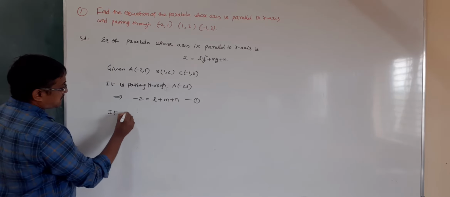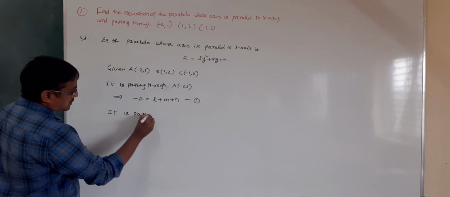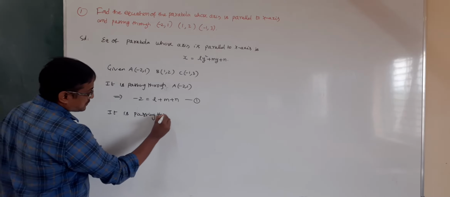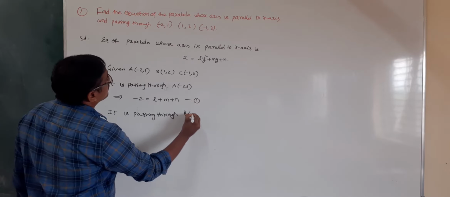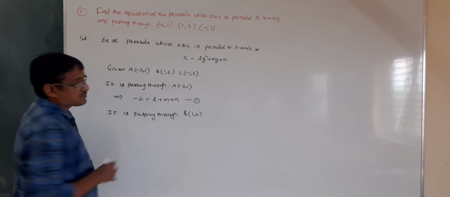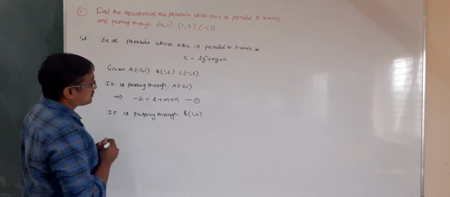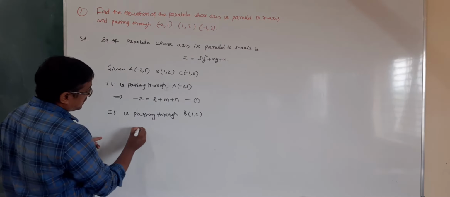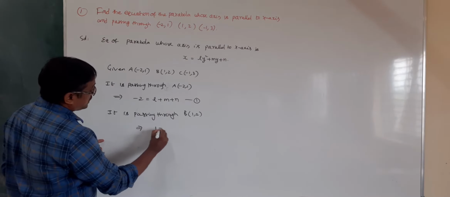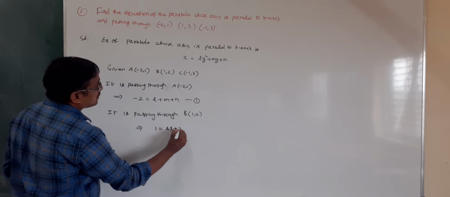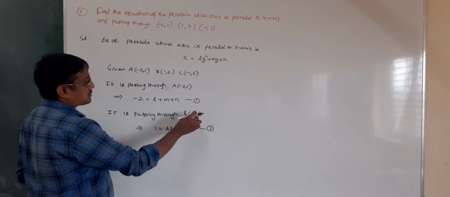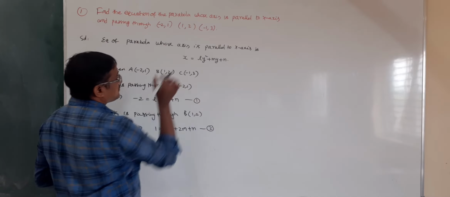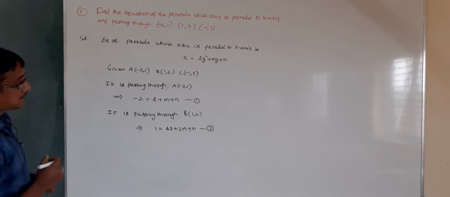And again it is passing through B(1, 2). By substituting that we will get 1 is equal to 4l plus 2m plus n. Let it be equation 2. I have substituted 1 comma 2 in place of x comma y.